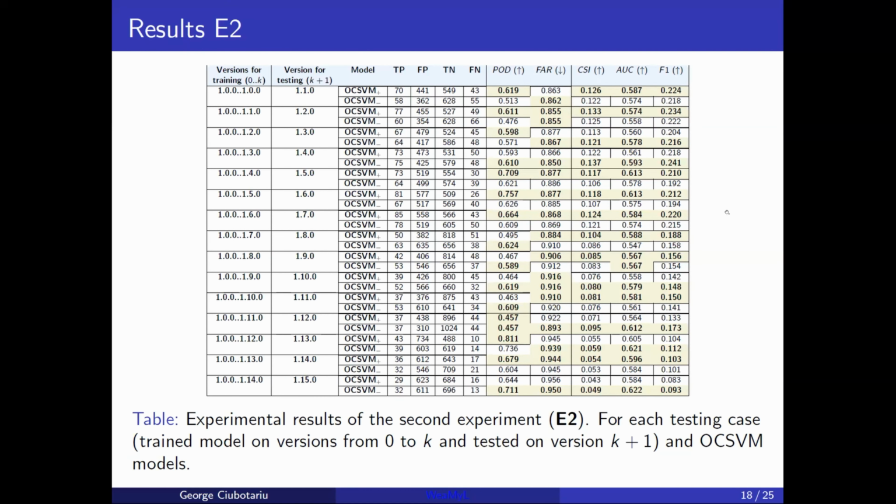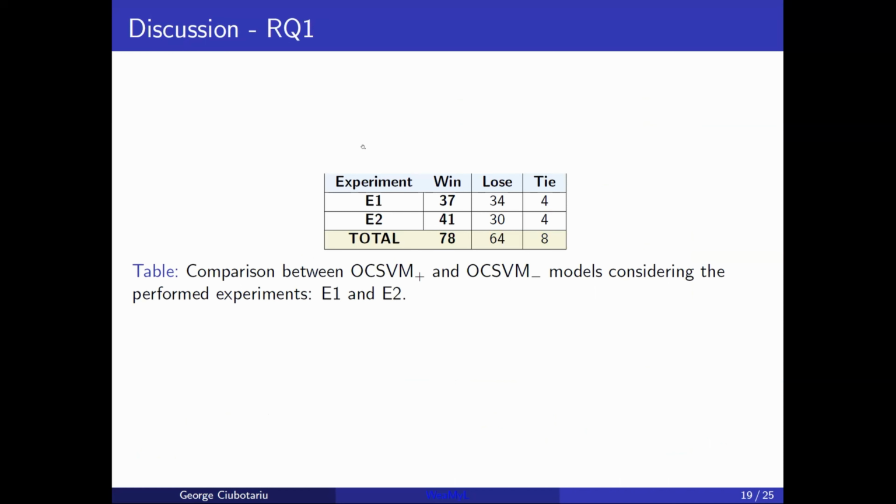Okay, so overall what we have to focus on is that we aggregated the results, and we have here the information about the experiments. The relevance of this table consists of the fact that the model that had more metrics favorable to its performance got a win, and a loss was considered when the one class SVM plus was outperformed by one class SVM minus with more metrics on its side.